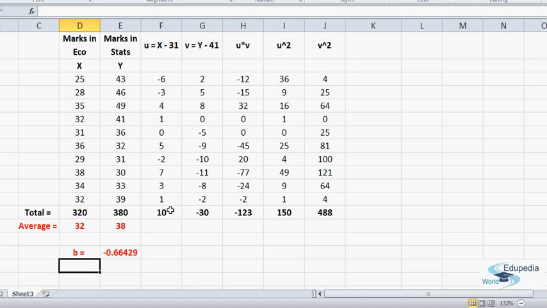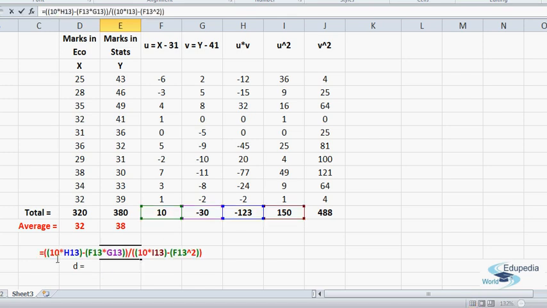So d equals, we have the same form of the formula. Our numerator is the same, what changes is the denominator.